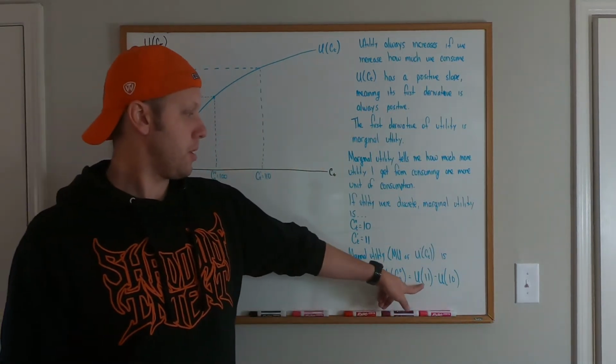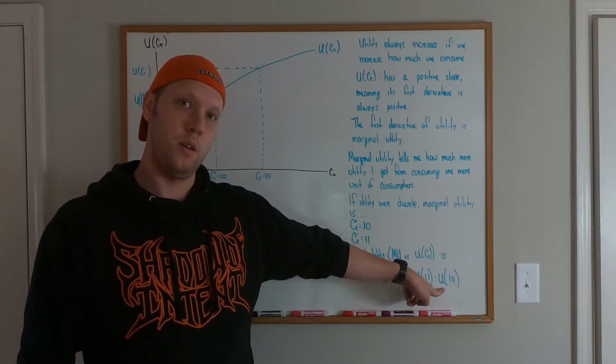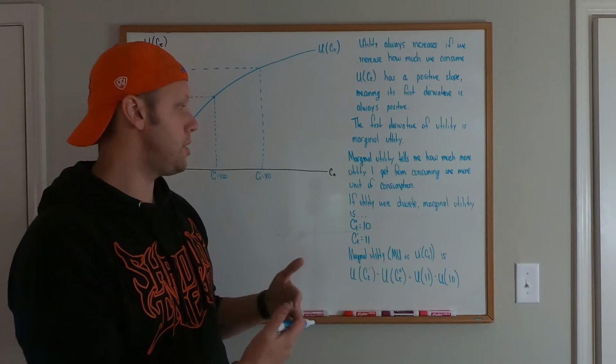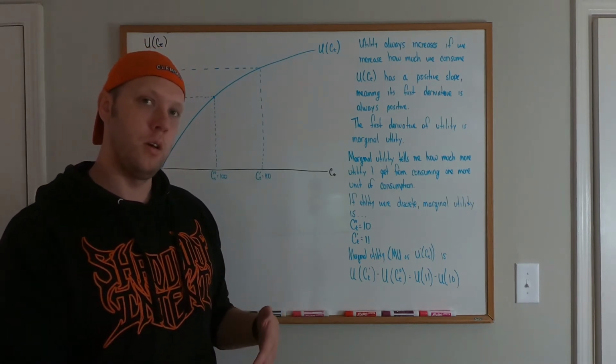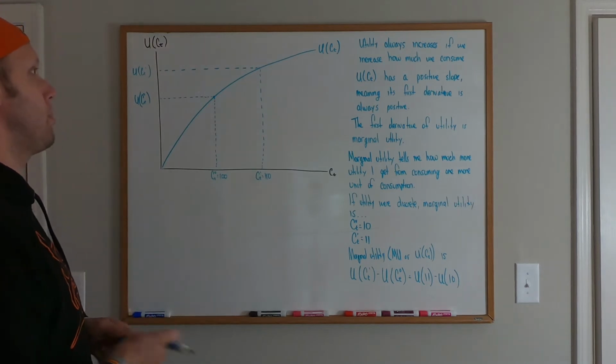So the utility from consuming 11 units minus the utility of consuming 10 units. It's telling me how much utility I'm gaining at the margin from consuming one more unit of consumption, right?